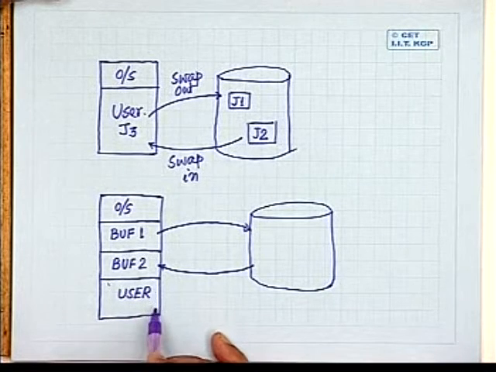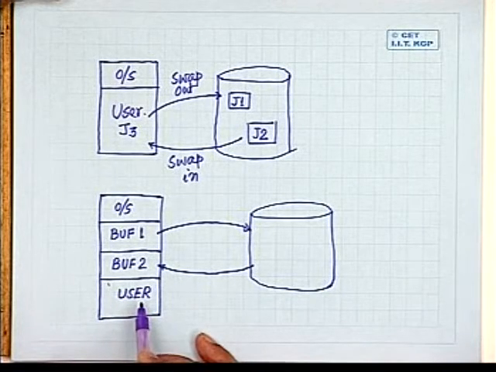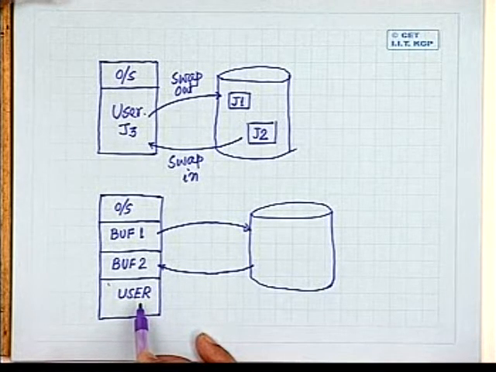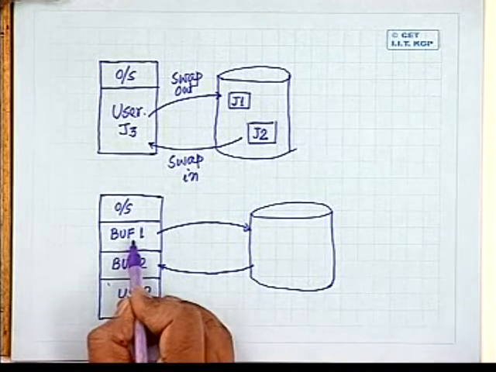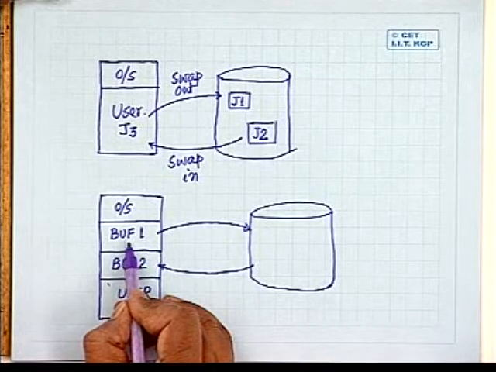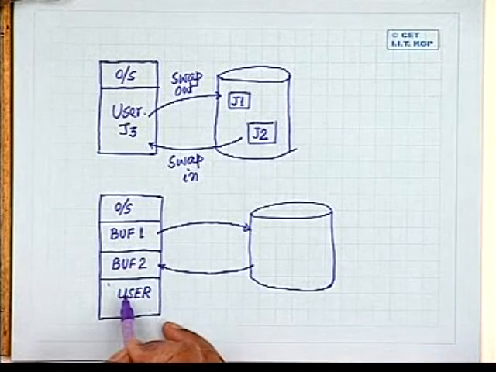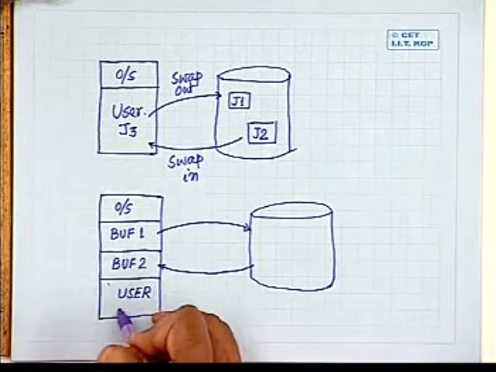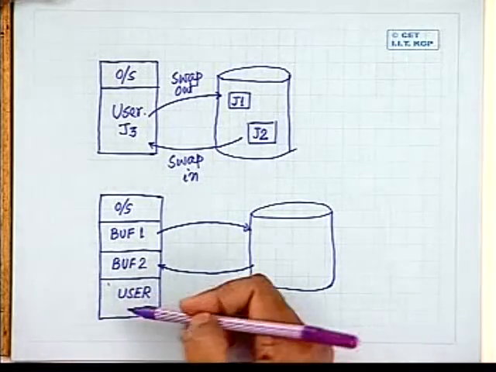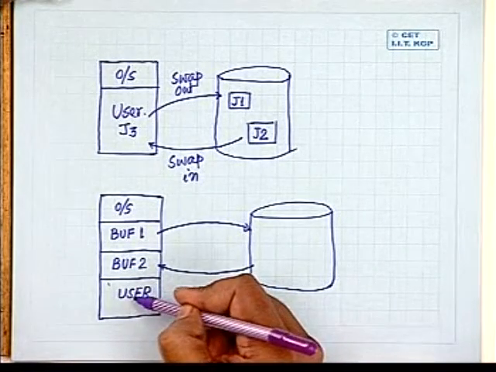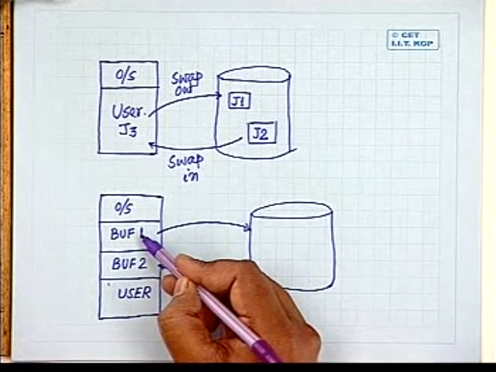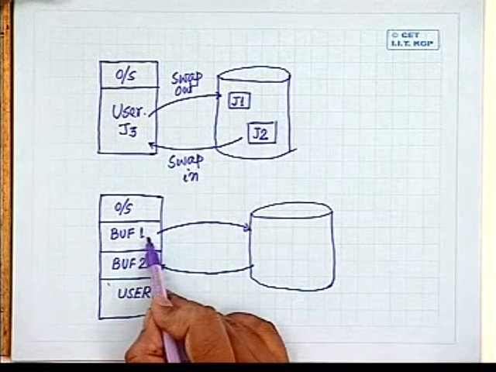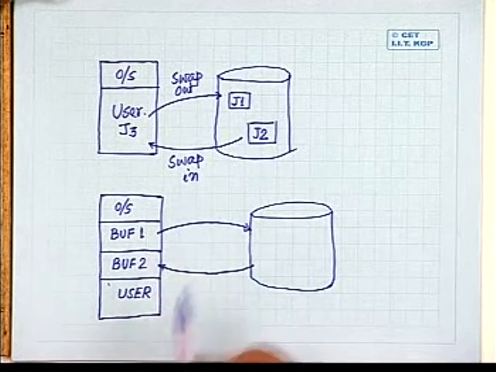Once this program is no more active, it completes its CPU burst, we have to move the program from this area into buffer area 1. And this being main memory to main memory transfer will be done very fast. The time required for transferring a block from this user area to buffer area 1 will be much less compared to the time required to swap out this buffer area 1 content.